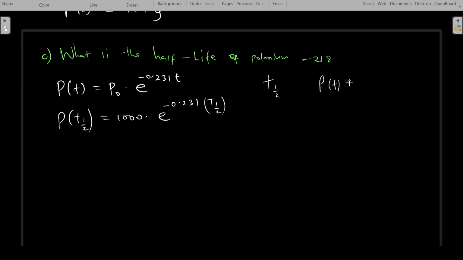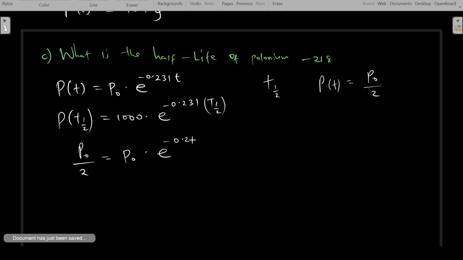P of t should equal the original amount being halved. So from this point, I'll replace P of t with P0 over 2. So P0 divided by 2 should equal the original amount, P0, multiplied by e raised to negative 0.231 t half.